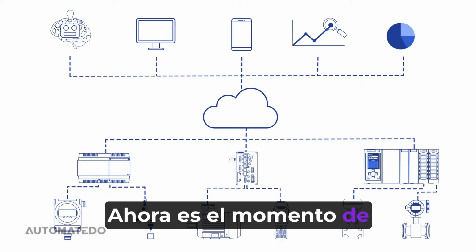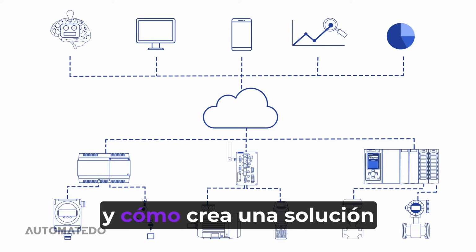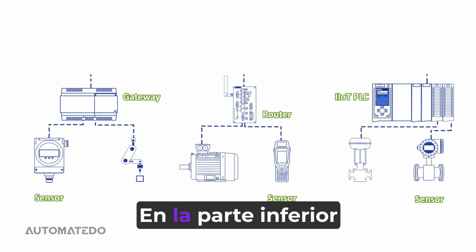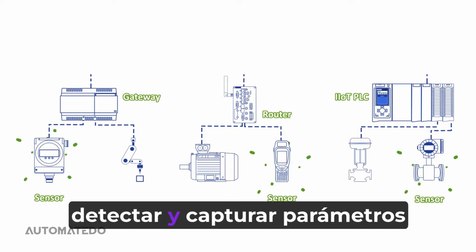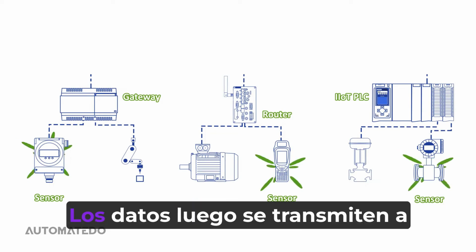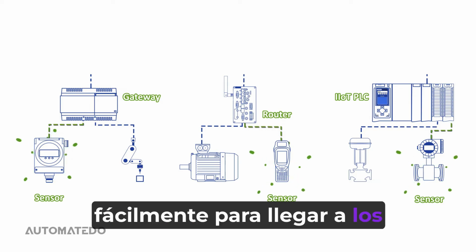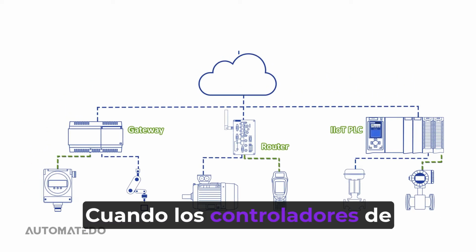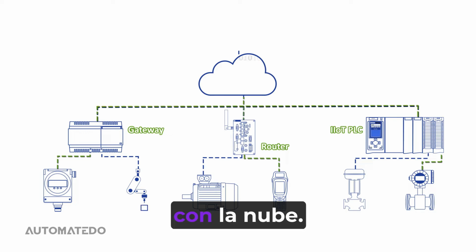Now it's time to dive deep into how the Industrial Internet of Things works and how it creates a connected solution. At the bottom of the diagram, sensors act as measurement devices to sense and capture process parameters. Data is then broadcast across a network in the factory easily to reach edge controllers. When edge controllers get data, they serve as the bridge connecting the local network to the cloud.